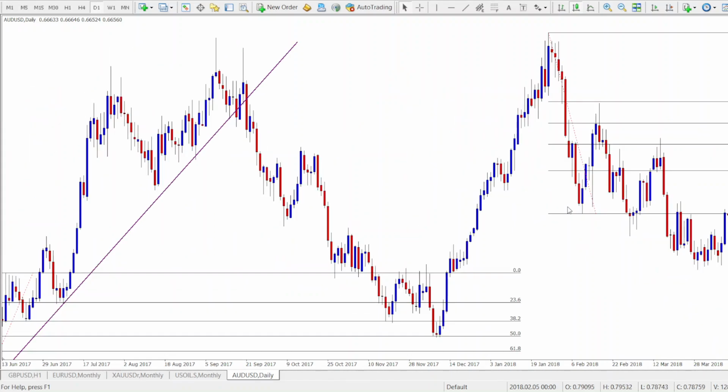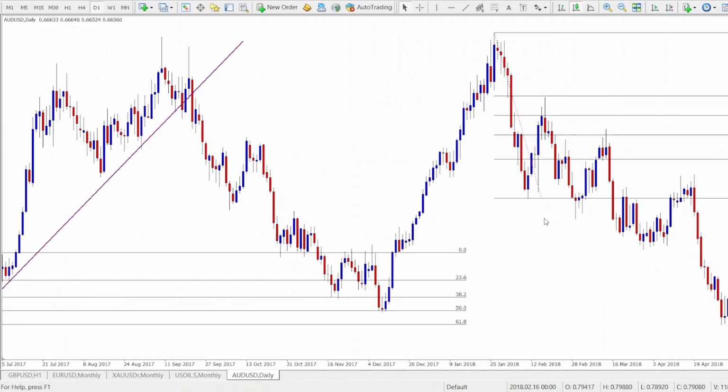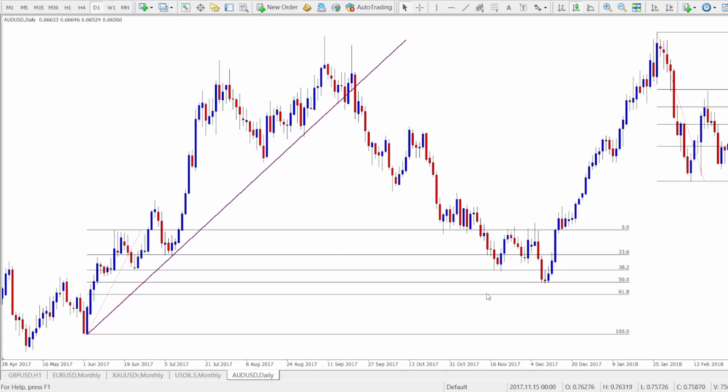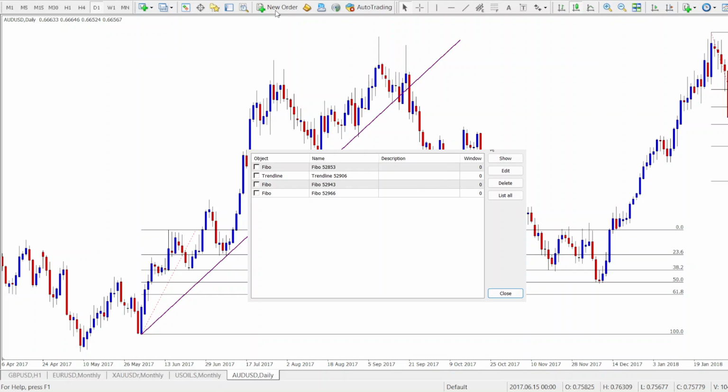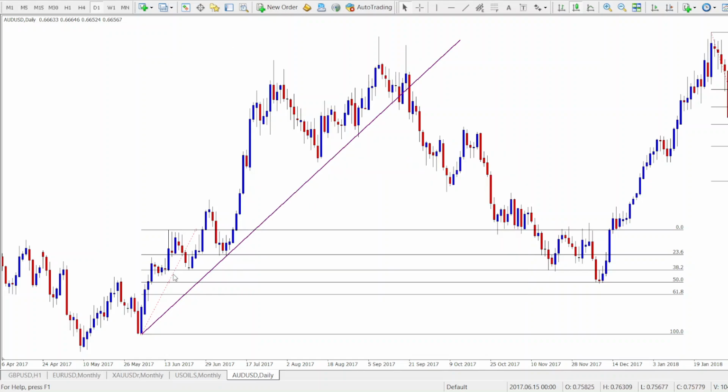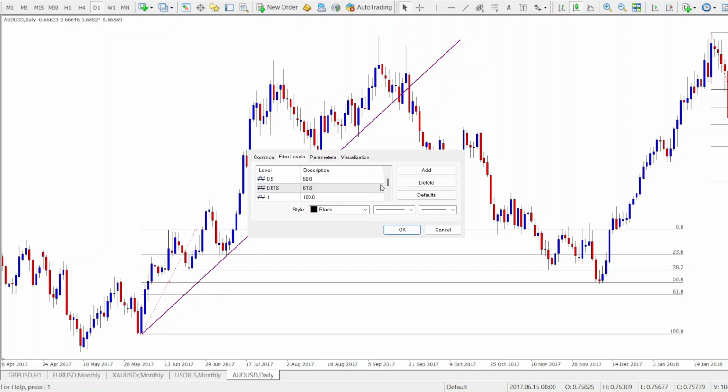Now some key retracement levels that you should be looking out for are the 23.6%, the 38.2%, the 50%, the 61.8%. Some persons usually add the 78.6% as well. Let's just add that also to the Fibonacci. Although not everyone uses that, you can also add that to your Fibonacci.